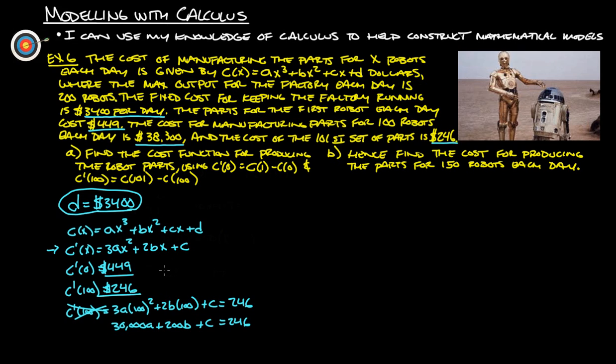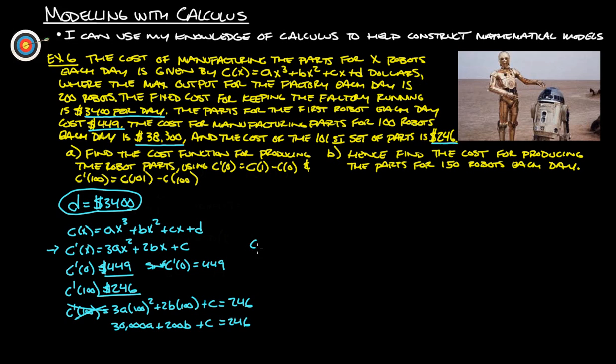So since we know that c, the derivative at 0, equals 449, here's our derivative function.